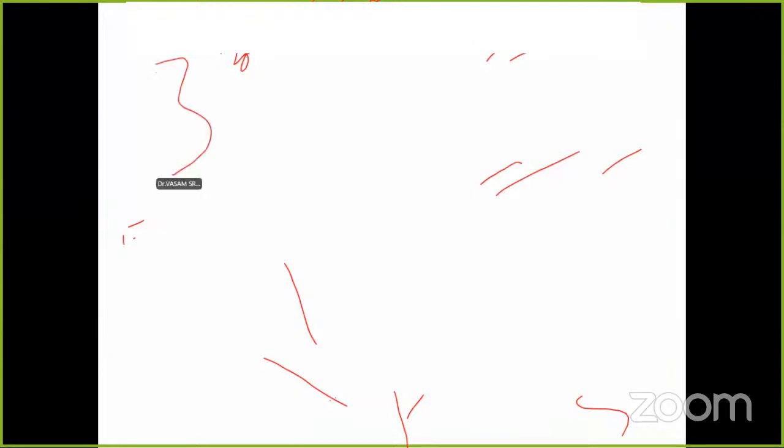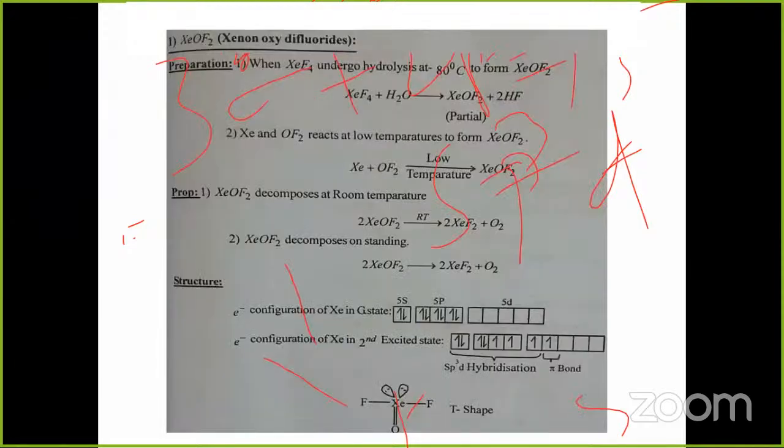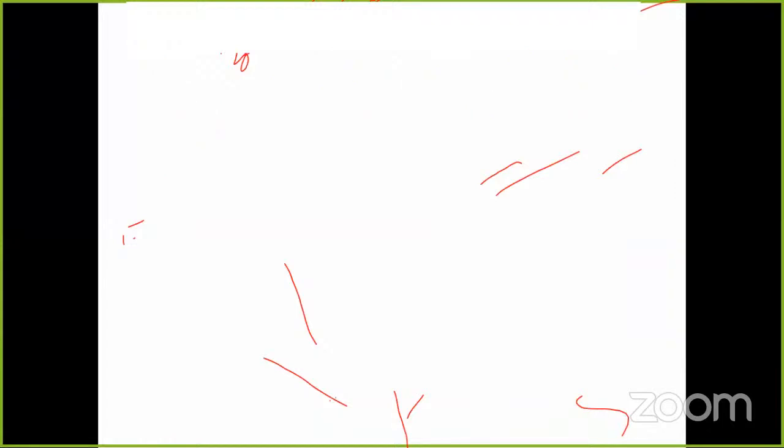The sp3d standard geometry is trigonal bipyramidal, but this compound has 2 lone pairs. Therefore the geometry changes from trigonal bipyramidal to T shape, like this.